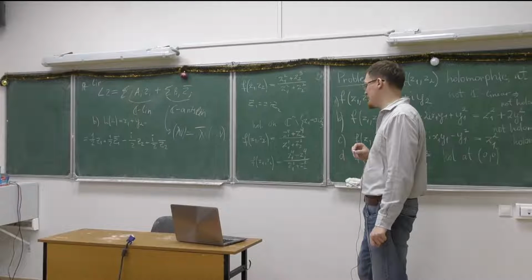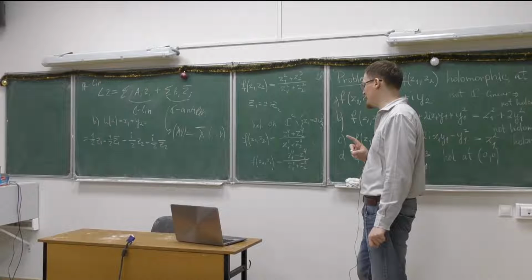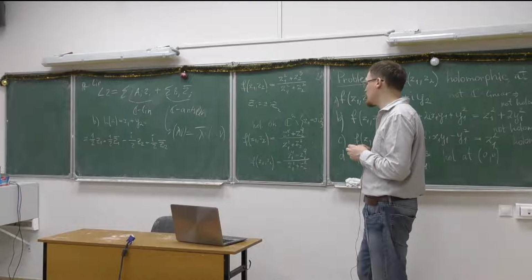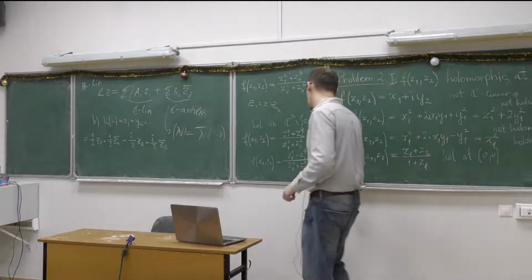The numerator is equal to z1 squared minus z2 squared times z1 squared plus z2 squared.